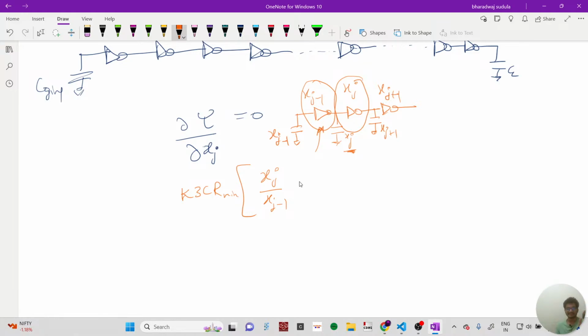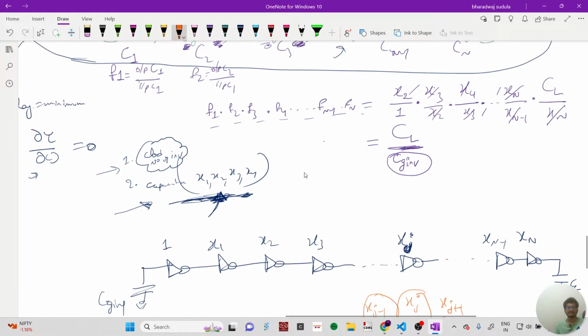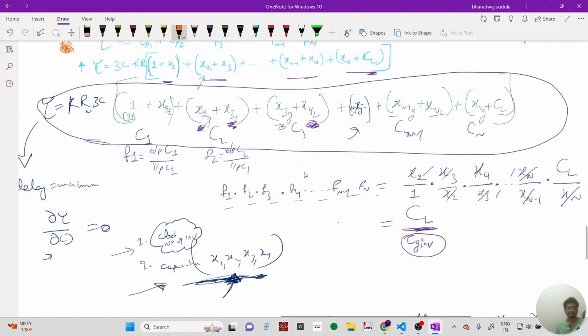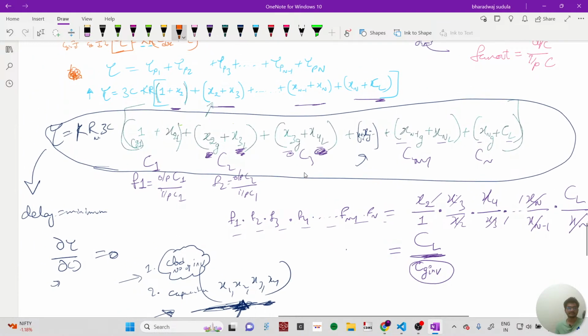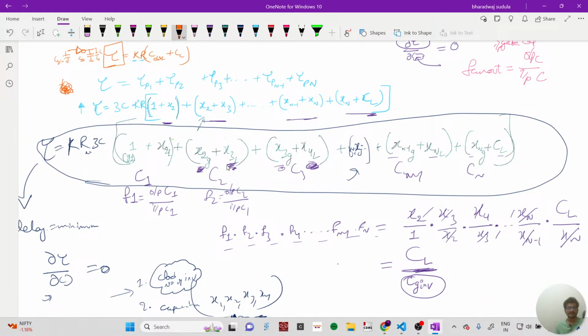Why am I writing it like this? You may ask this now. Actually, the capacitor terms are something like this: x3 input gate cap, load cap added together, plus x2 plus x3. So are you writing that electrical fan out as in a time constant expression?